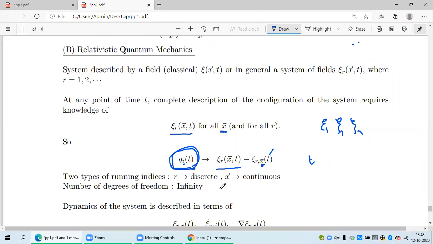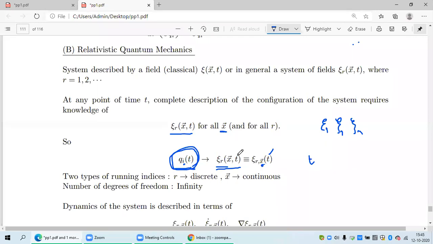Clear? Then how will you describe the field configuration of the system at that time? You have to specify all these values for that particular time: the numerical value of that field at this point, at the next spatial point, and they are continuous points.